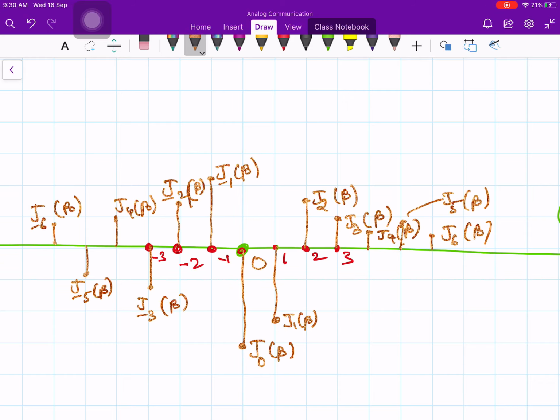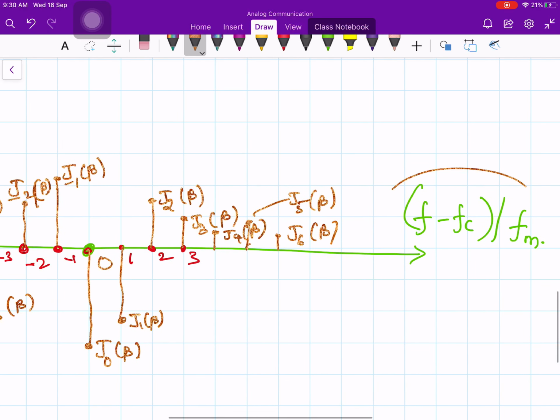And here the frequency axis is normalized: f minus fc divided by fm.